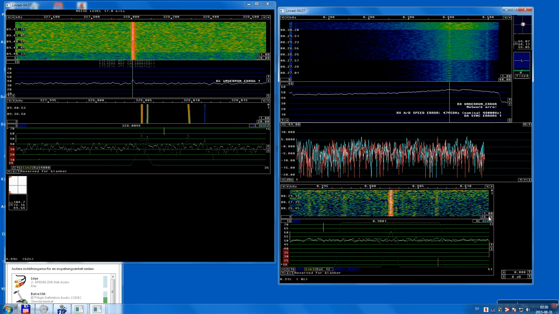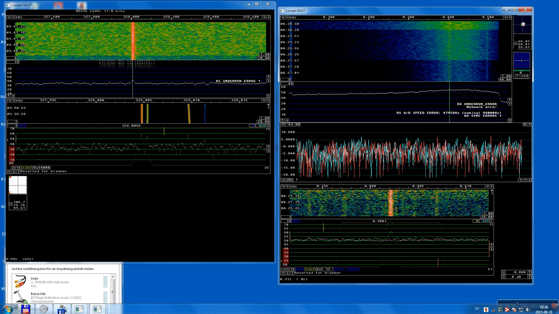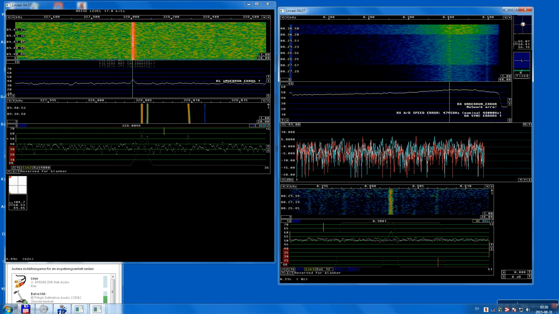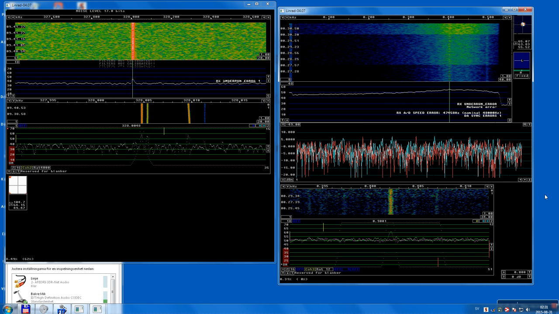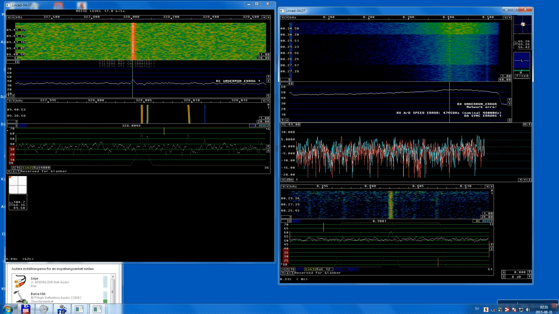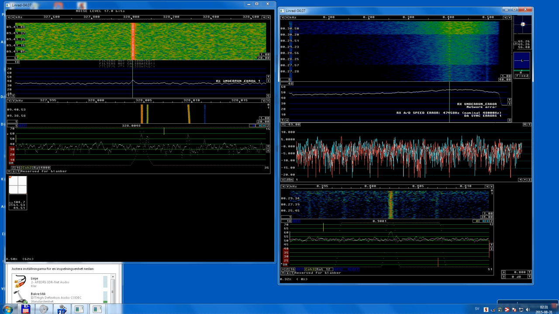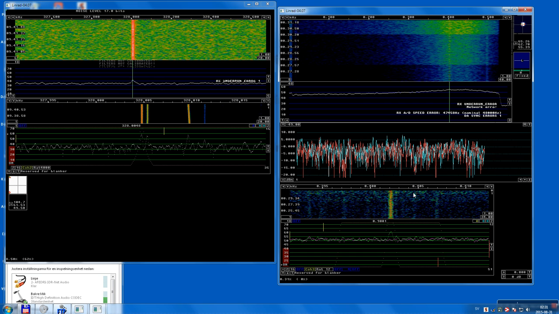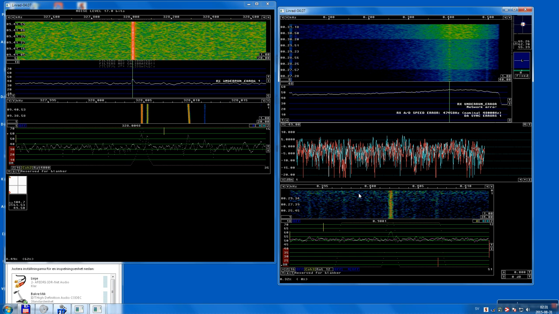I will change the waterfall gain. It's now 28. I make it, let's say, 34. And things go very slowly because there are long integration times and very narrow bandwidths. Here is the line where the noise floor was increased again by 3 dB.